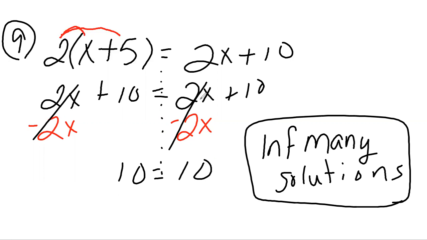Now, let me go back a second. On this one, I'm showing all my steps. The variables cancel out, and I get the same number. So basically, when you see the same thing on both sides, it is infinitely many solutions because it is the same line.